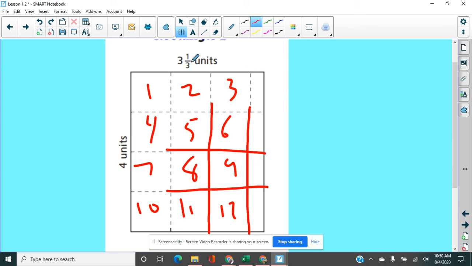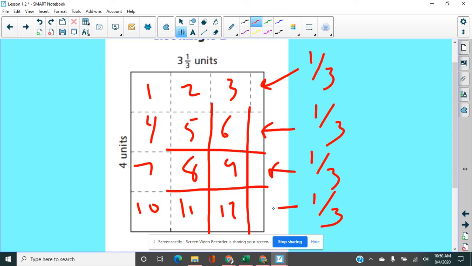Let's see, what could I do? Okay, so this is 1/3 of a unit, not 1/2 like we talked about before. So this one is 1/3 of a square. And so is this one, and this one, and this one. So if I put these together, right, these 1/3s, I'm going to have 4/3.